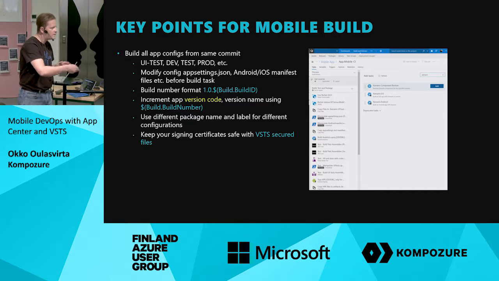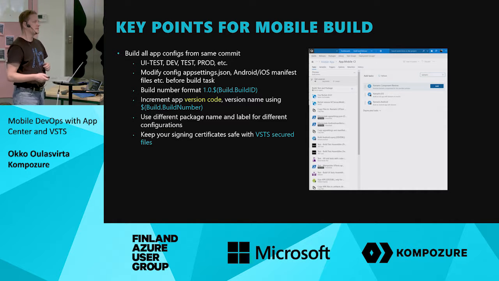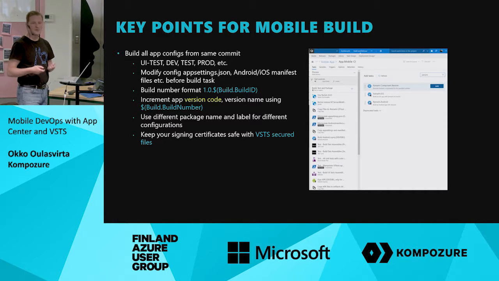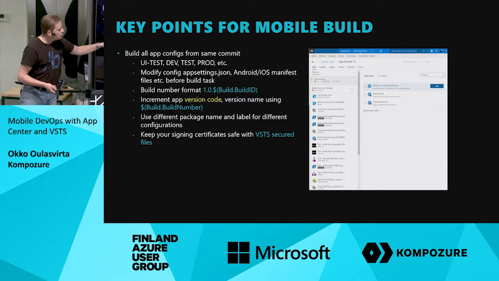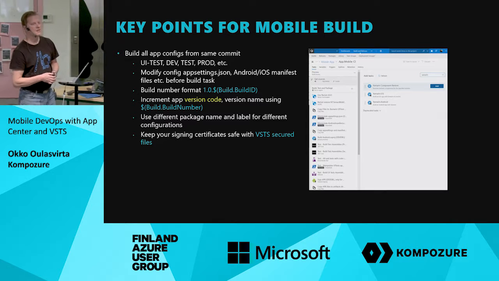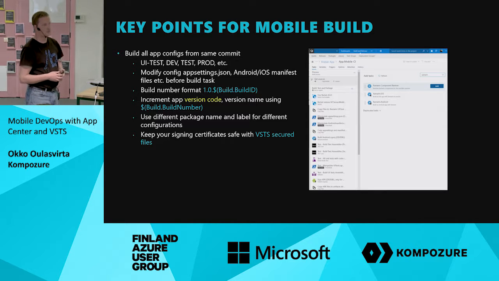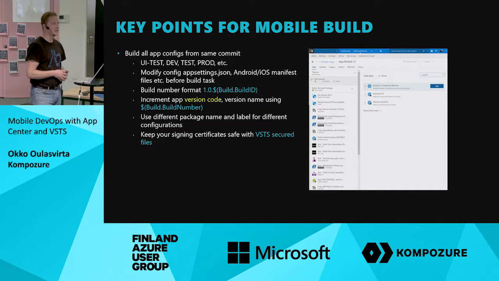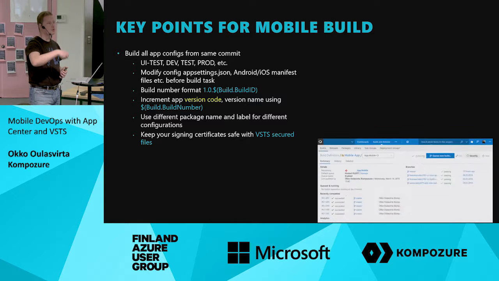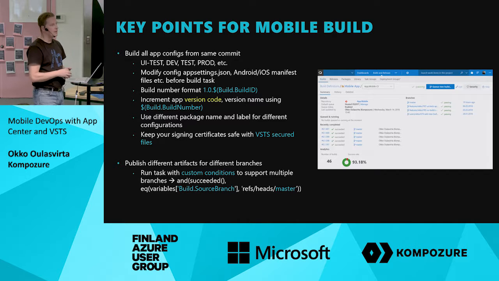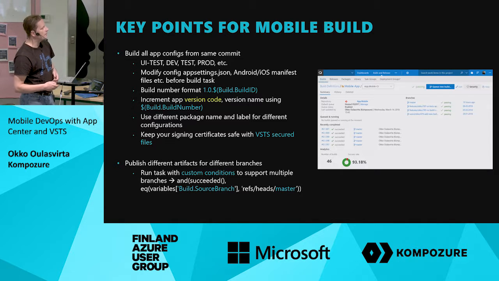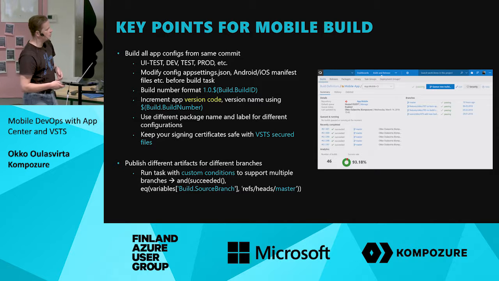But when you go to your official release pipeline, that is something that you don't want to give your developers. It's something that is put into Visual Studio Team Services. There is this secure file functionality where, during the build time, you can use the certificate when you sign the application deployment package, but otherwise it's not shown to anyone.